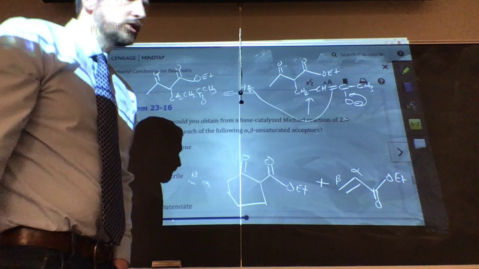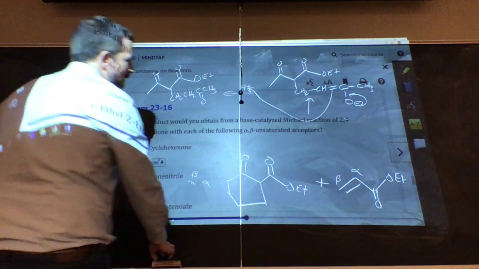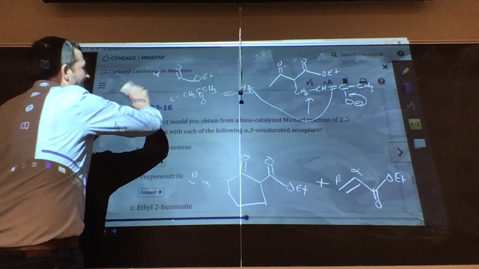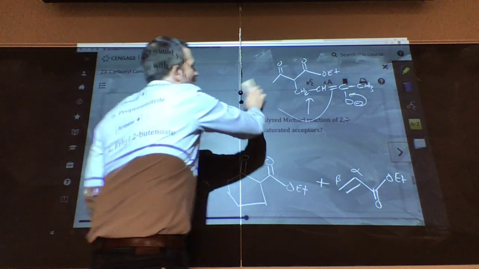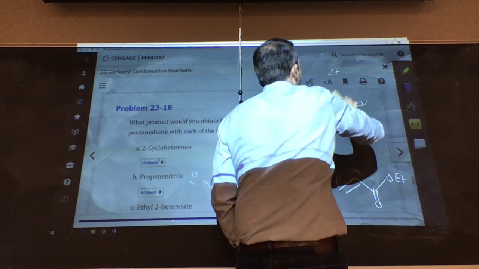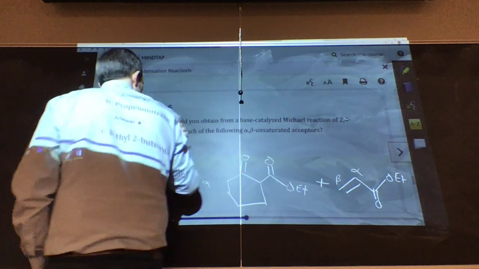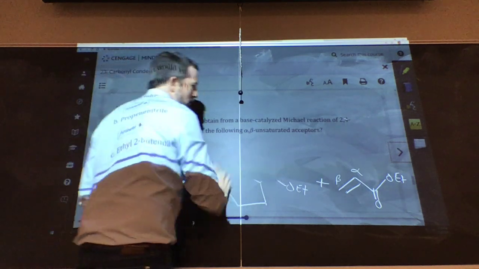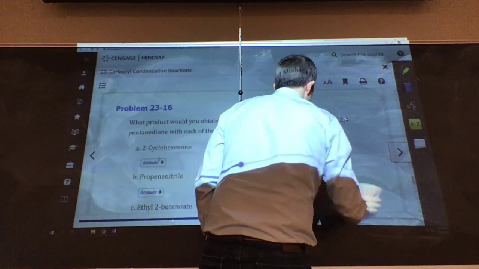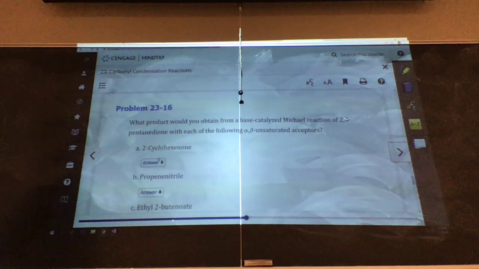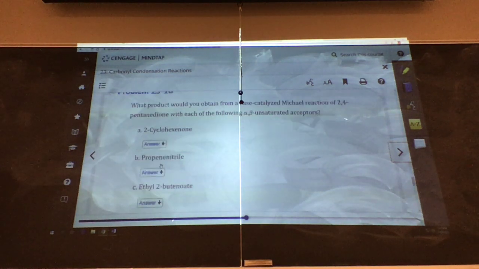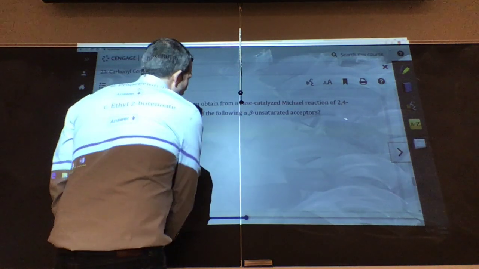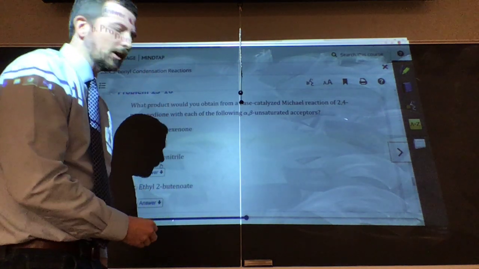This is, what product would you obtain from a base catalyzed Michael reaction of 2,4-pentanedione with each of the following alpha, beta unsaturated acceptors.